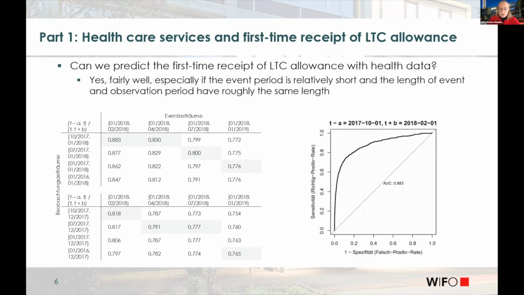And models with an area under the curve, the AUC, close to 1 have a good fit. Models with an AUC between 0.8 and 0.9, which is what we have here, can be said to have an excellent discriminatory power.